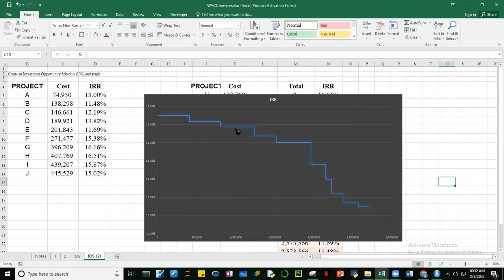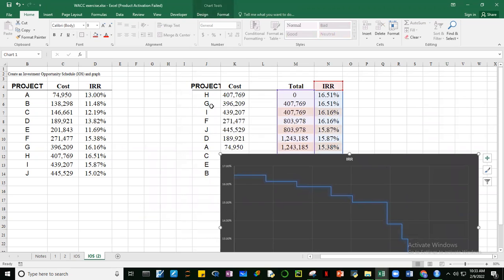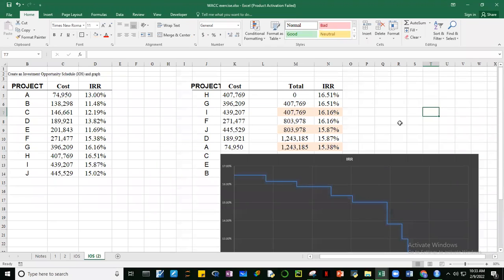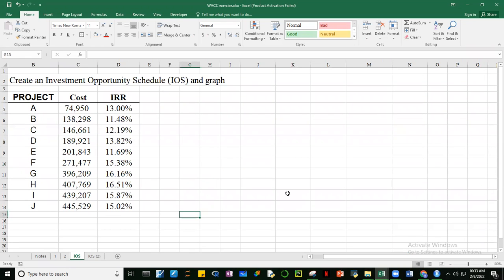Therefore, ang pwede lang na projects natin itong dalawang to, kasi kung isasama natin yung pangatlo, then hindi na aabot, kasi total cost eh. So ano yung mga projects yan? It should only be project H and G. Sila lang. Okay, this is what we call the investment opportunity schedule.